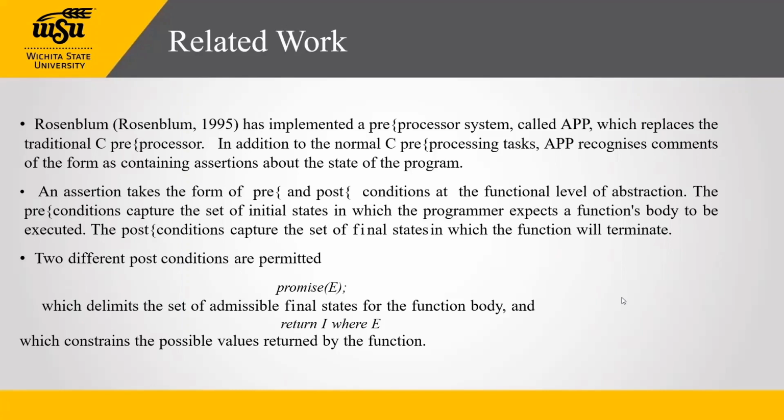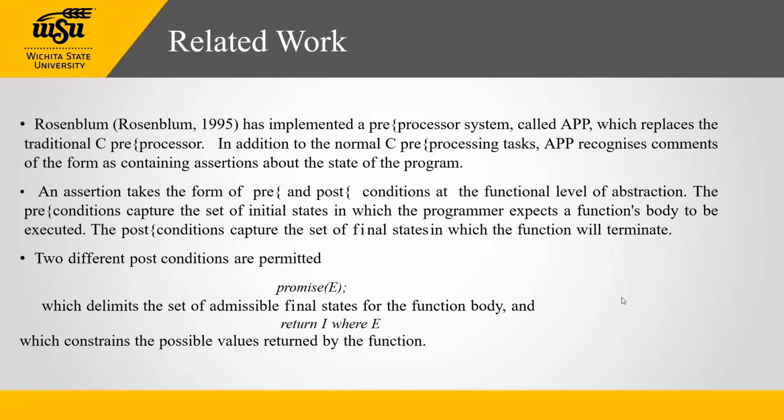An assertion takes the form of pre and post conditions at the functional level of abstraction. The preconditions capture the set of initial states in which the programmer expects a function's body to be executed. The post conditions capture the set of final states in which the function will terminate.